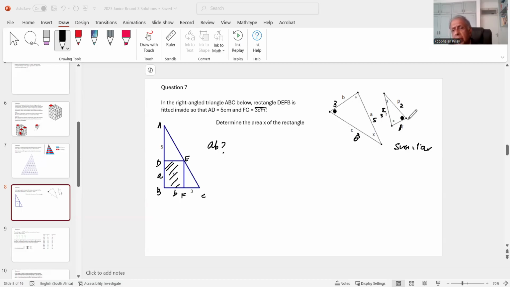So they're in the same proportion. You notice they are in the same ratio, as it were.